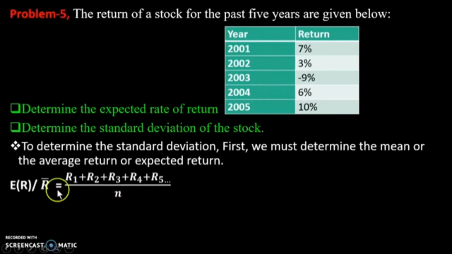Expected return equals R1 plus R2 plus R3 plus R4 plus R5 divided by n. Here R1 equals 7%, R2 3%, R3 negative 9%, R4 6% and R5 10%, divided by 5. The value will be 3.4%. This is the expected return of this stock.